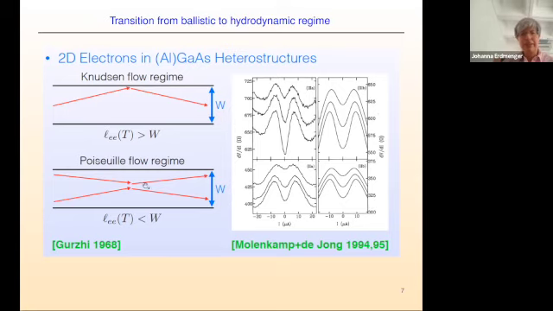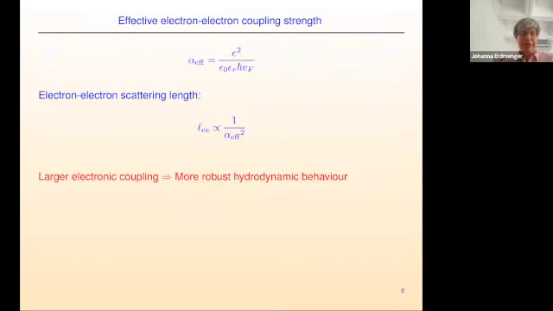This was the theoretical prediction of the crossover between these two regimes, and this has actually been measured in the lab quite some time ago now. So it is actually possible to describe electrons by hydrodynamics in such a flow.